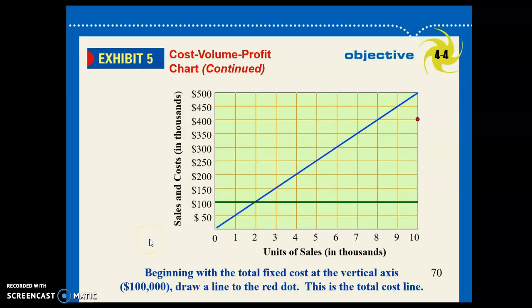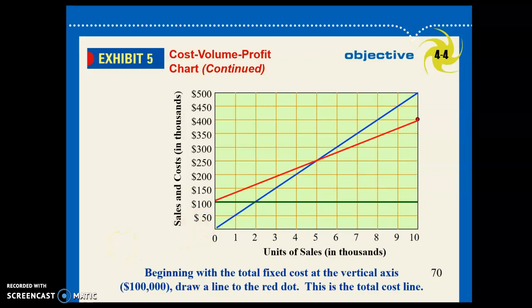My beginning point for total costs is basically the total fixed costs, because even if I have 0 units, it's going to cost me at least $100,000 worth of fixed cost. So that's the beginning, not 0, 0 like the sales line, but the 100,000.